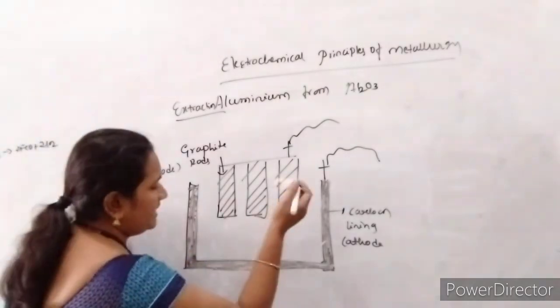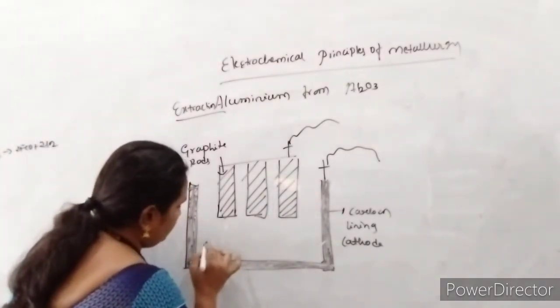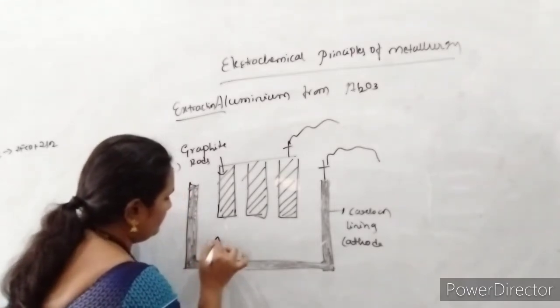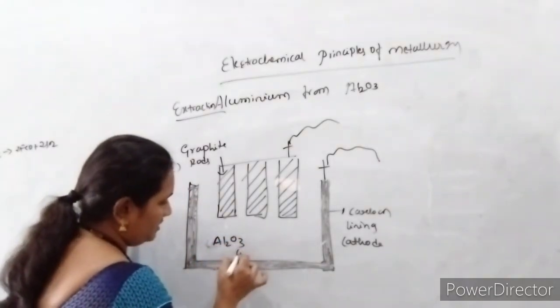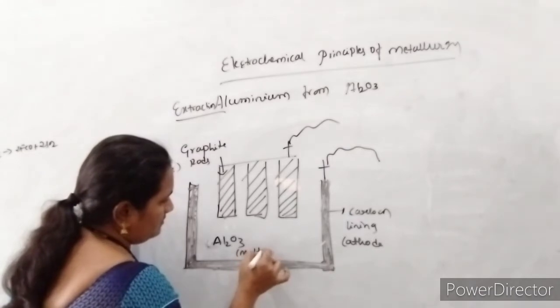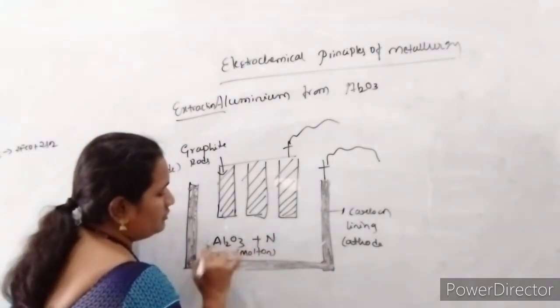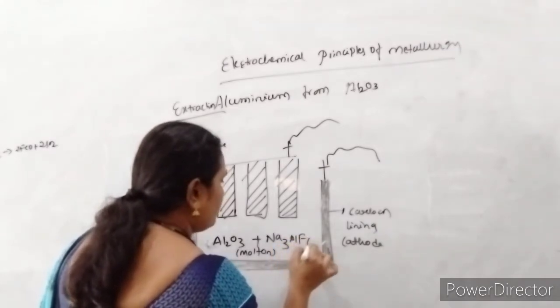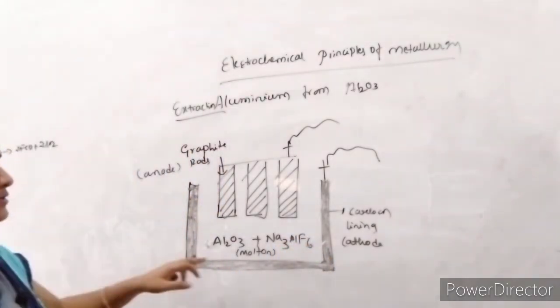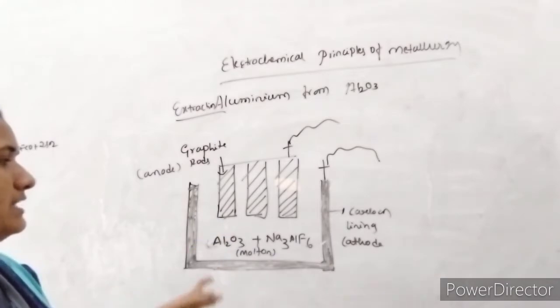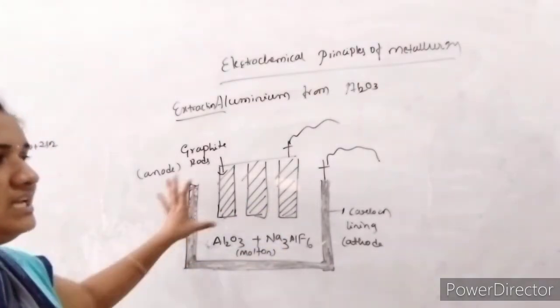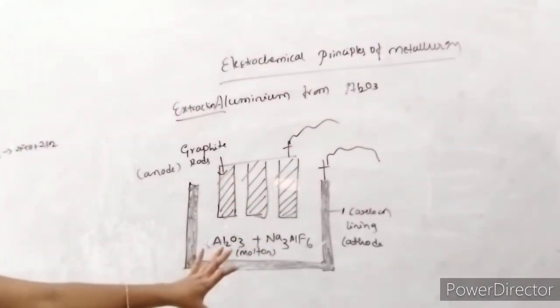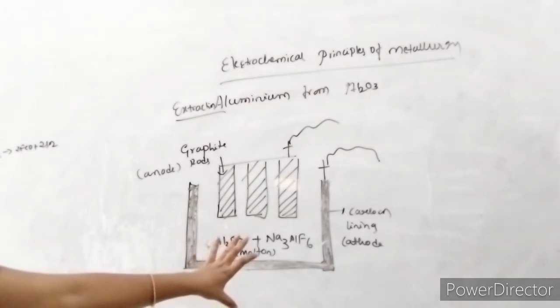Sorry, Al2O3, it should be the molten one. Then we have to mix it with trisodium aluminium hexafluoride. Whenever we are adding this mixture to the steel vessel container, the electrolysis process will be carried out.